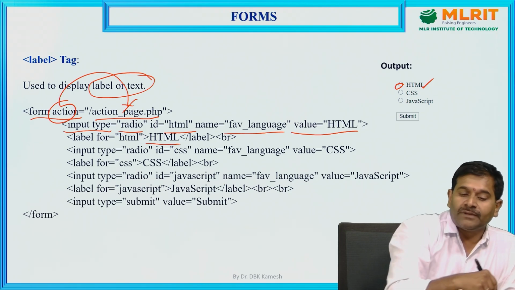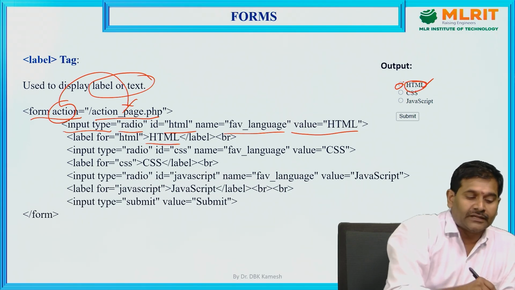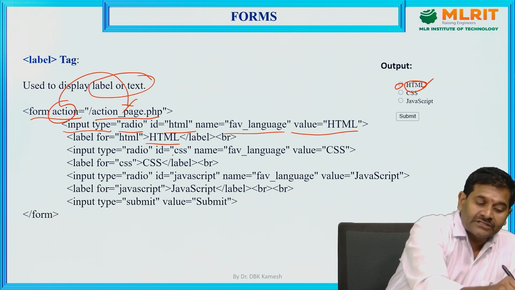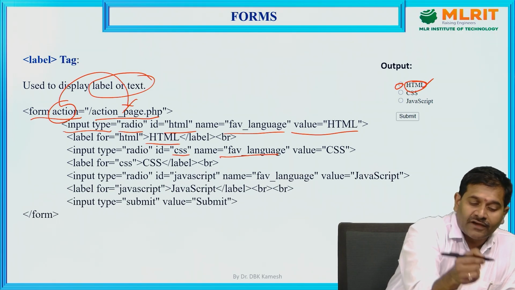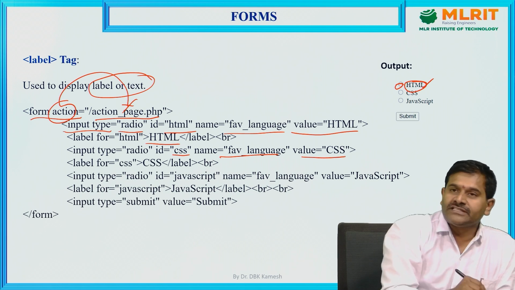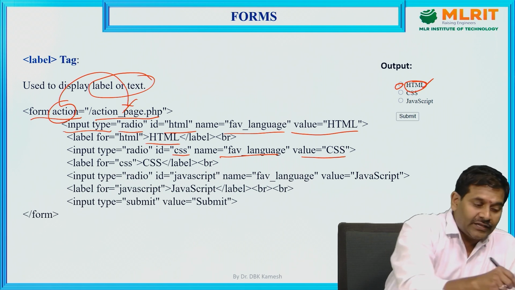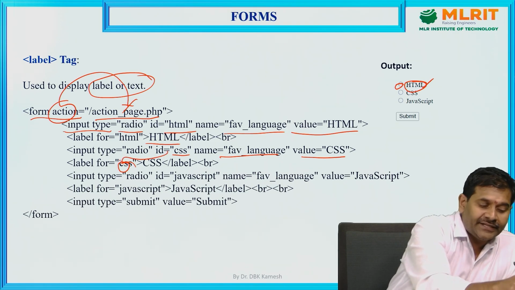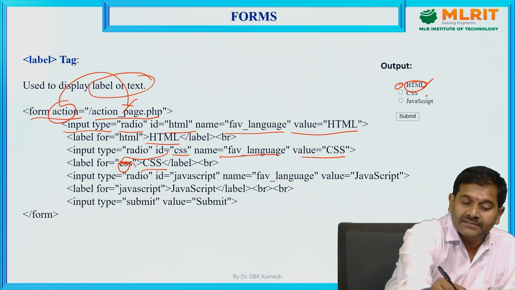Then input type radio, id equals CSS, name equals favorite language, value equals CSS, capital CSS. Label for CSS, this is the id. Label for CSS is CSS in capitals.